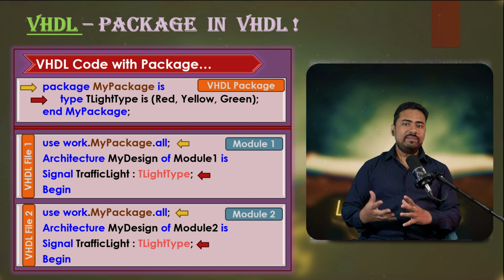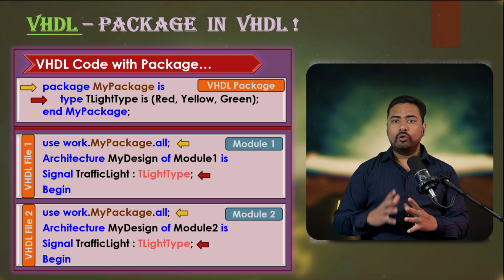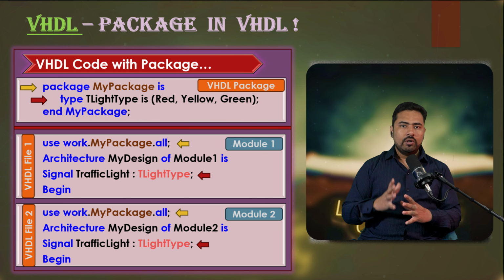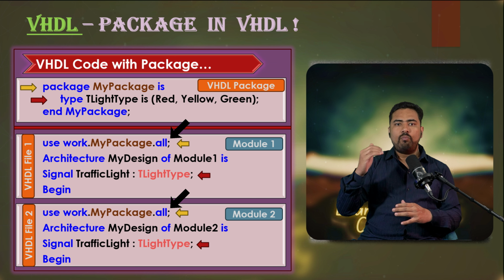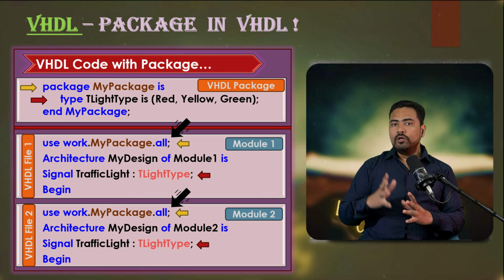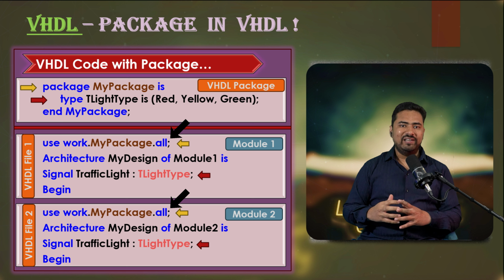So in the bottom section, we have two separate VHDL files again. In order to use these packages, we need to declare the package first. So it is declared at the top of each file. I have marked that with the yellow arrow. So packages are declared at the top of each VHDL file.